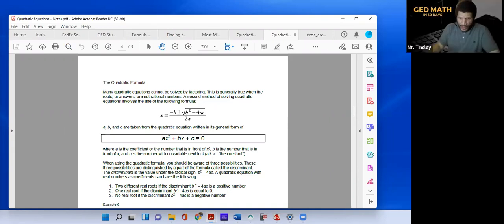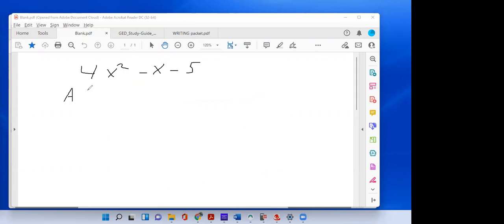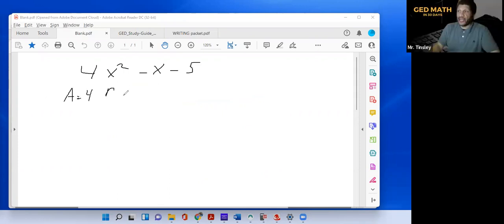Let me find that blank page again. So remember I told you, you have to be ready. You have to be able to identify A, B, and C. For example, that problem was 4x squared minus x minus 5. A is 4, B is -1, C is -5.